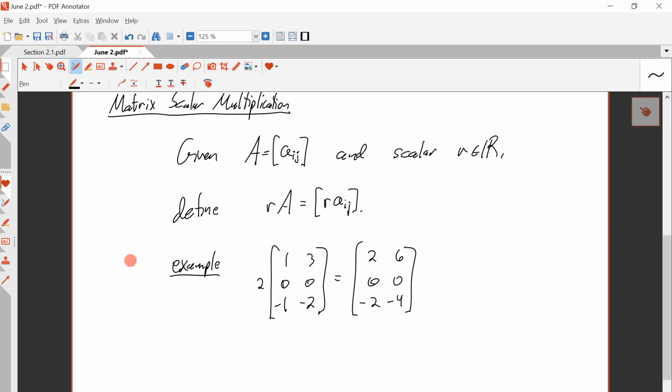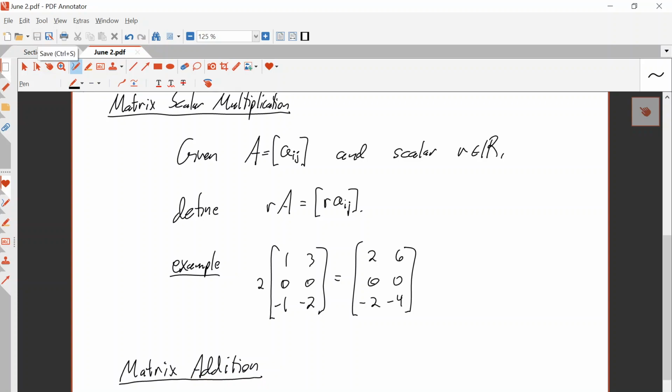And just like with vectors, we had scalar multiplication of vectors, we have scalar multiplication of matrices, and now we also have matrix addition, just like we had with vector addition.